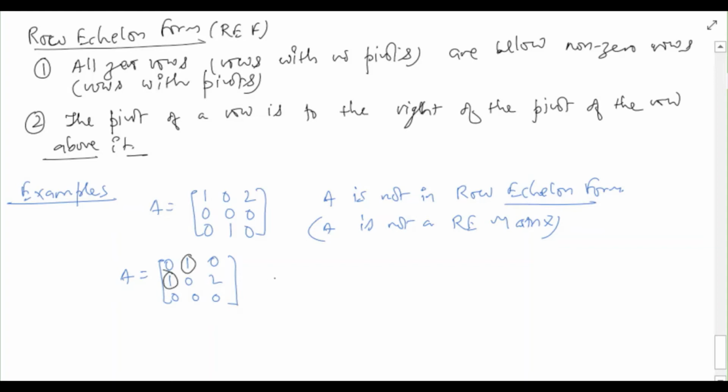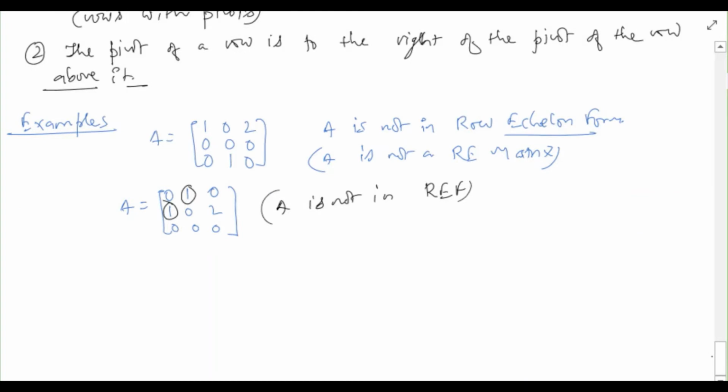So this A is also not in row echelon form. On the other hand, if you look at the matrix A, which is say 1 0 2, 0 2 3, 0 0 0, this is in row echelon form.